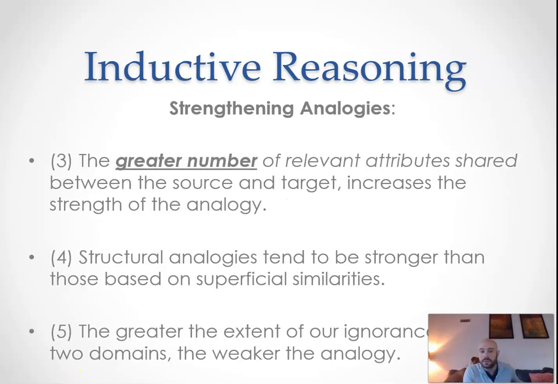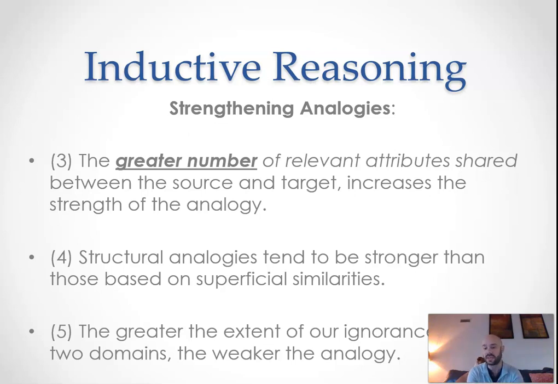The next way to strengthen your analogy would be to increase the number of attributes that the source and target have in common. If you only say there are two things in common, then sometimes that's not enough to prove relevance or even give a good prediction. If you can increase the number of attributes that the source and target share that are relevant to getting that neutral analogy, right?